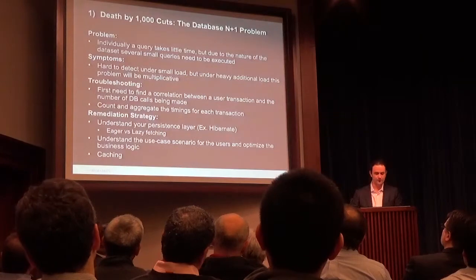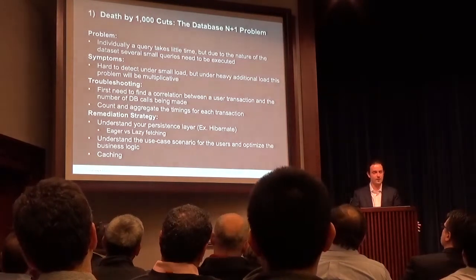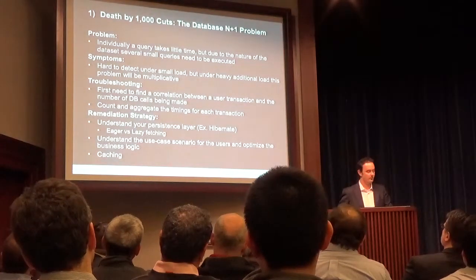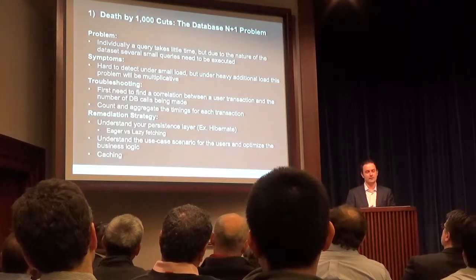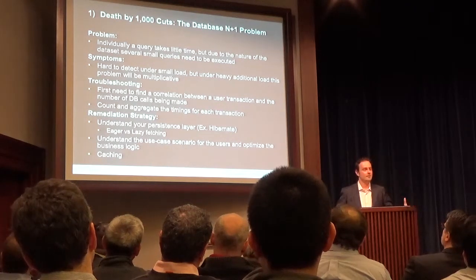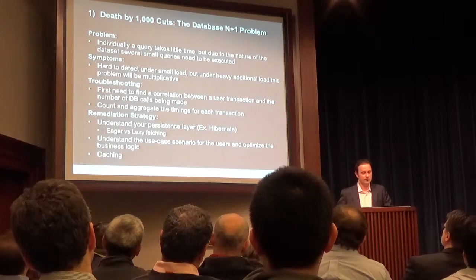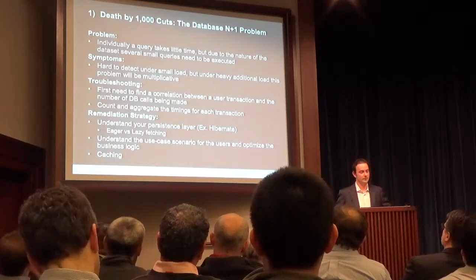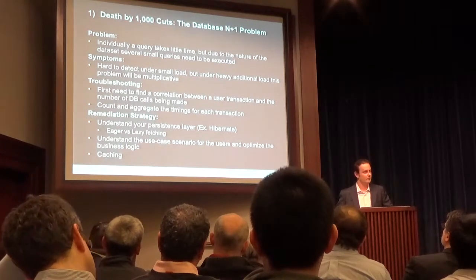So the very first topic I'm going to talk to you guys about is the death by 1,000 cuts, the database N+1 problem, right? Individually it takes a little time, but because it's executed many times, it's going to have a bigger impact on your application. The symptoms of that, as you saw just earlier, it's hard to detect under small load, right?